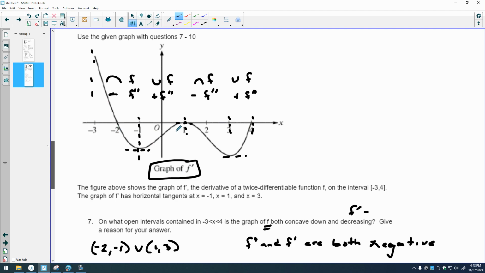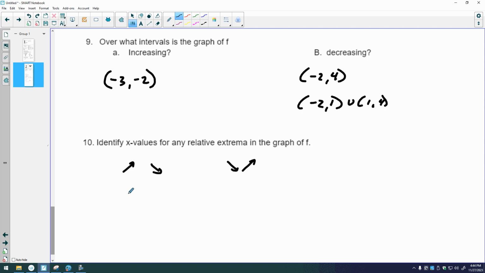So my critical values are definitely at -2 and 1. So my options are x equals -2 and x equals 1, because that is where my first derivative is 0, and relative extrema occur where my first derivative is 0 or undefined.